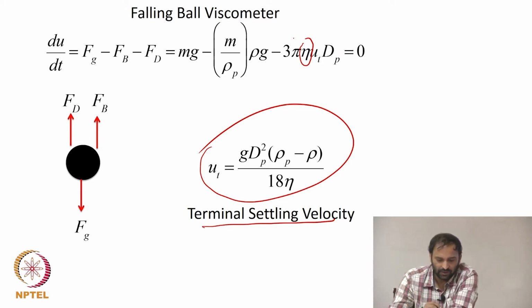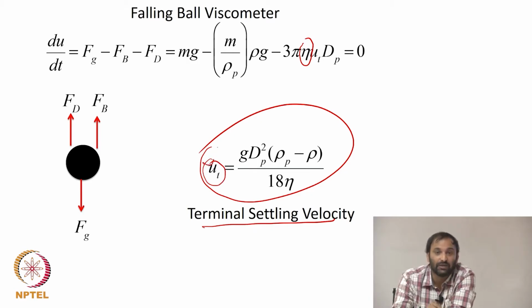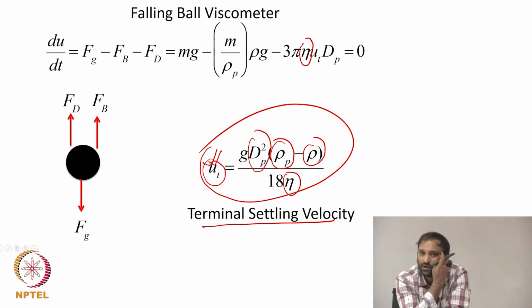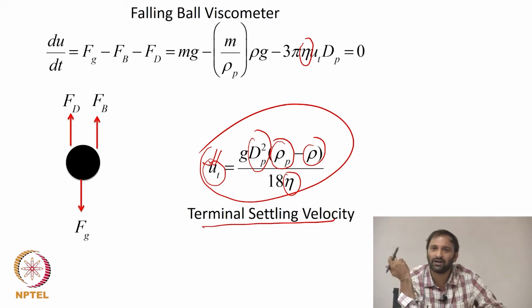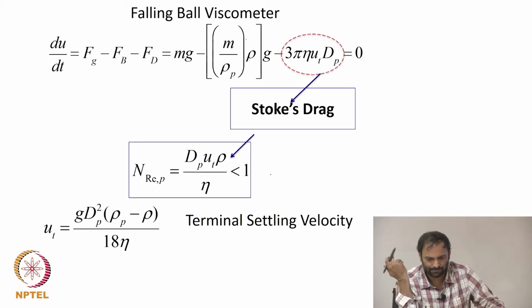So I can get this terminal velocity, and if I know the diameter of the ball, the density of the particle, the density of the fluid, and I have some way of measuring UT, I can actually get the viscosity. It's a simple concept, but there are commercial instruments available which exploit this technique.